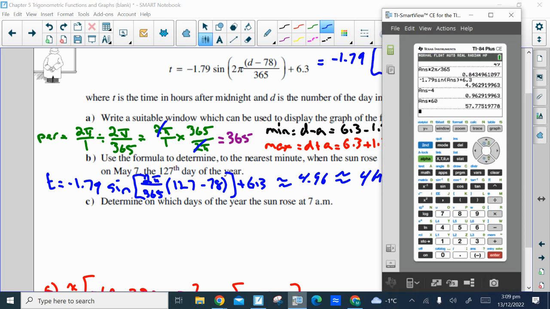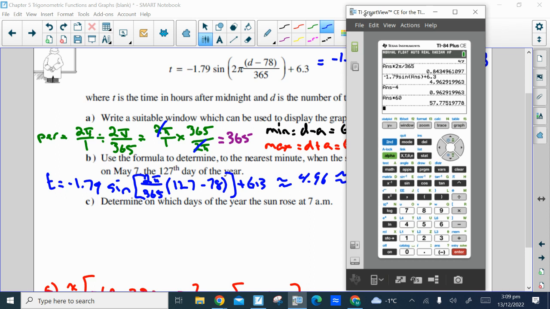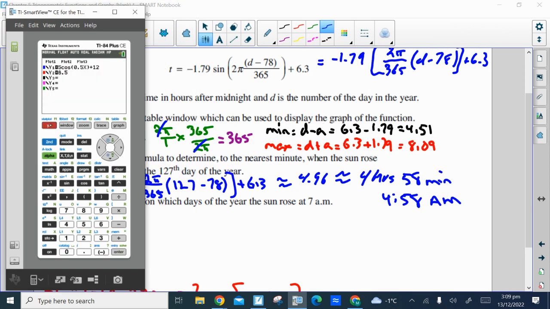Okay, so again, for question C, we're going to need the equation in our calculator. We're going to have to graph it. So negative 1.79. Well, I forgot to write the sine there when I wrote it with the 2 pi on 365 out in front. So put that in there now.